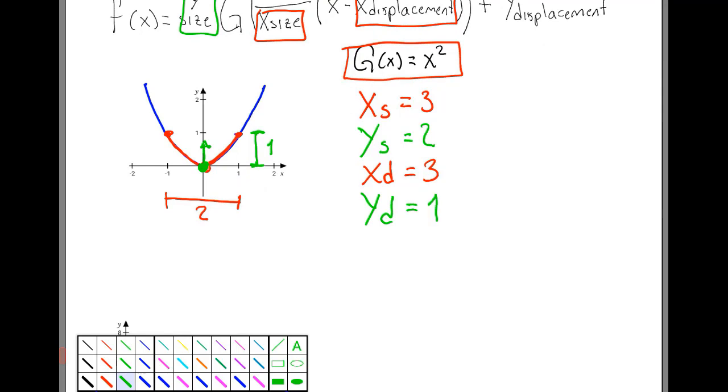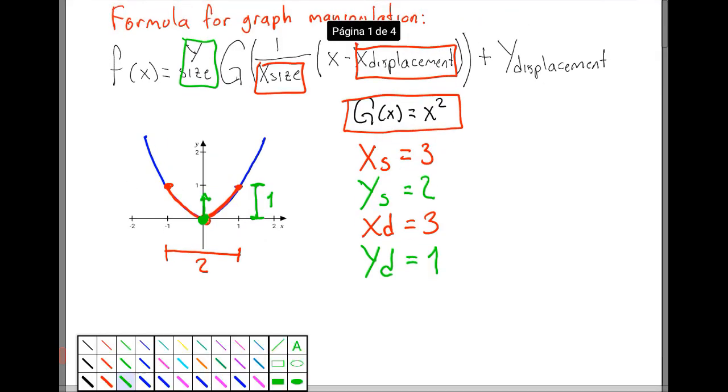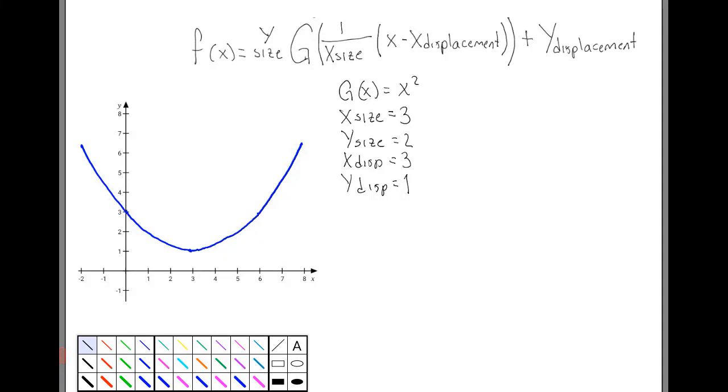Now that we have all the parameters, we can write the equation of this function. Once having the parameters, we need just to plug in the values in the formula. So let's write the formula. F of x, that is the function that is equal to y, is equal to the y size. In this case, the y size is 2. Then we need to find g of, instead of being g of x, is g of all this.